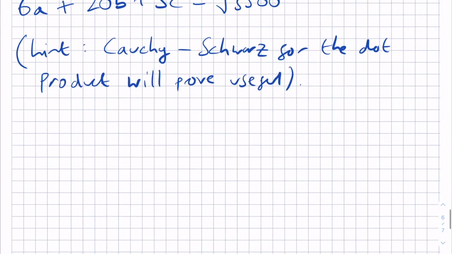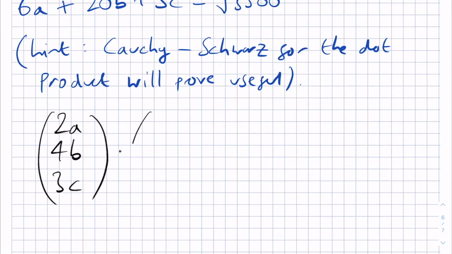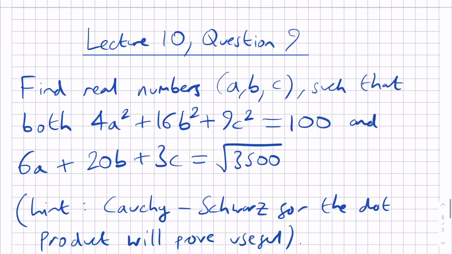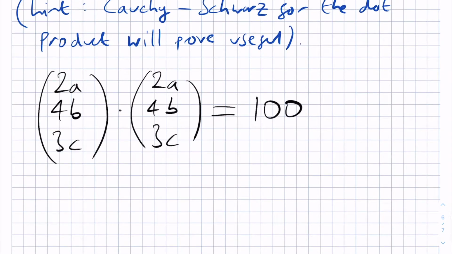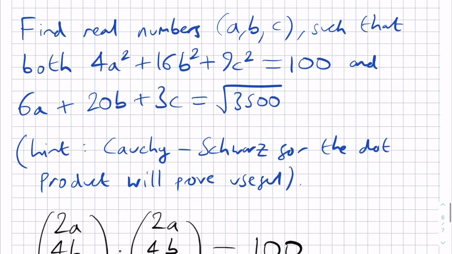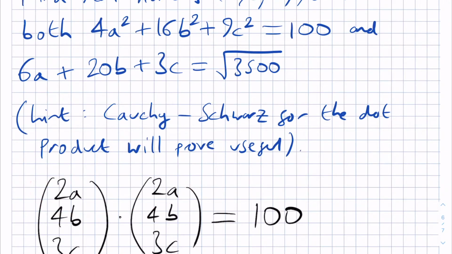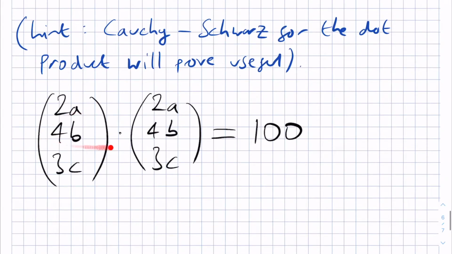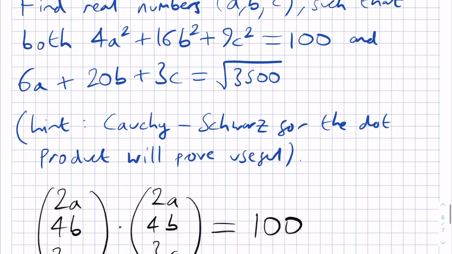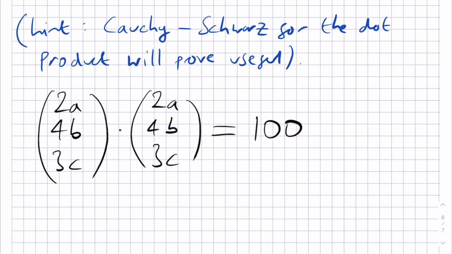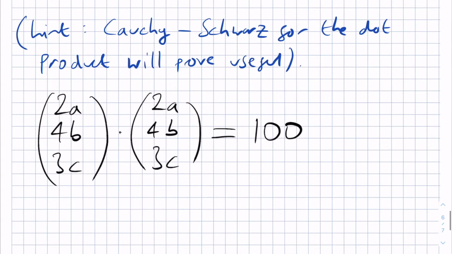We can write this as 2a, 4b, 3c dotted with itself on the left-hand side, and then the right-hand side will be 100, because we will have a 4a squared from here, a 16b squared from there, and a 9c squared from there, with a 100 on the right-hand side.